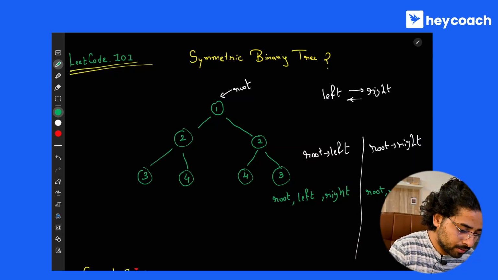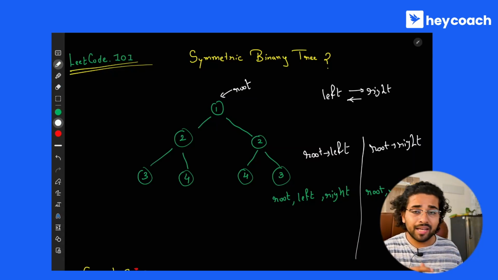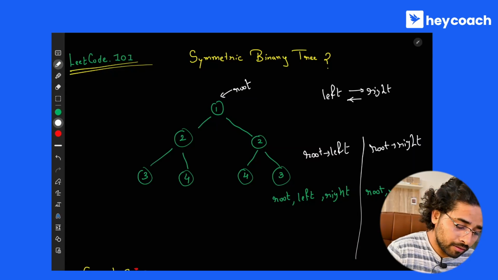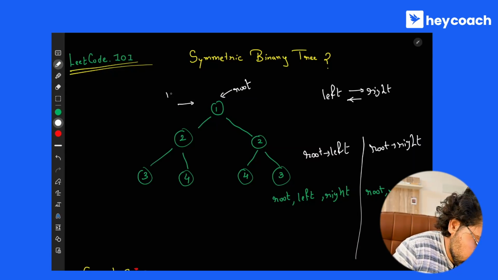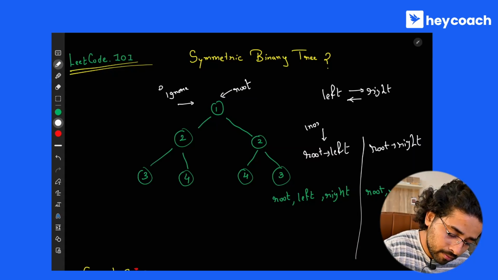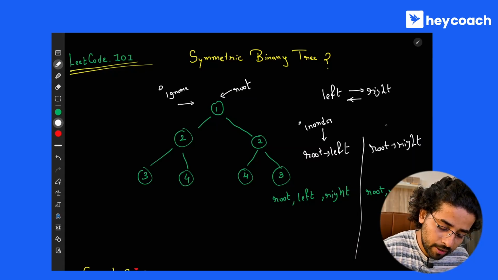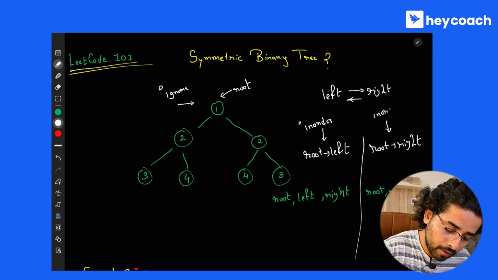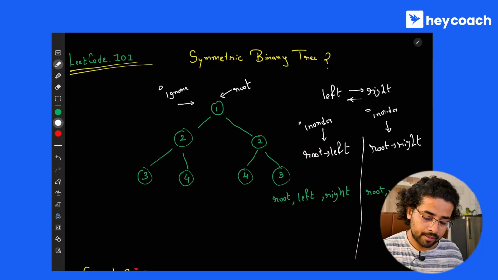Suppose I am doing in order traversal, how does it work? We ignore this root value because we are starting our in order traversal from the left subtree, or from the right subtree.